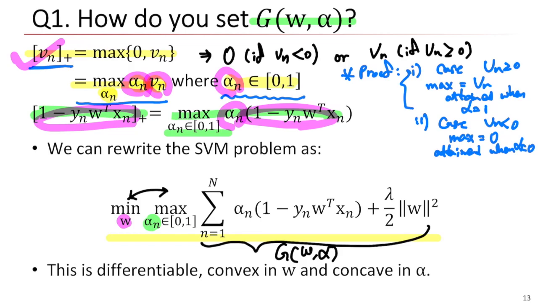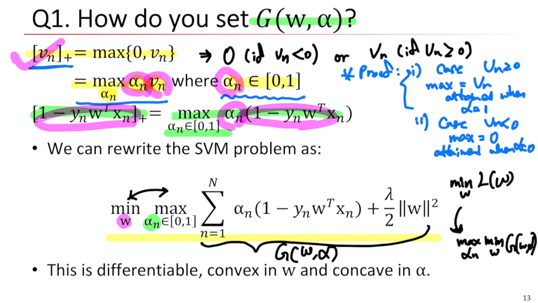It means that in the original optimization problem, we have to find the minimization of L of W in terms of W, then we can switch this problem as a maximization in alpha with the minimization in terms of W of G(W, alpha), right? So now we have a new loss function for the SVM technique, okay?